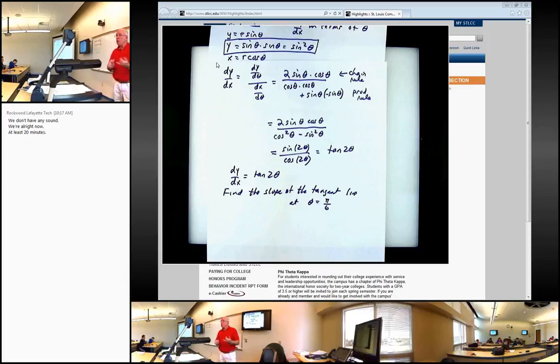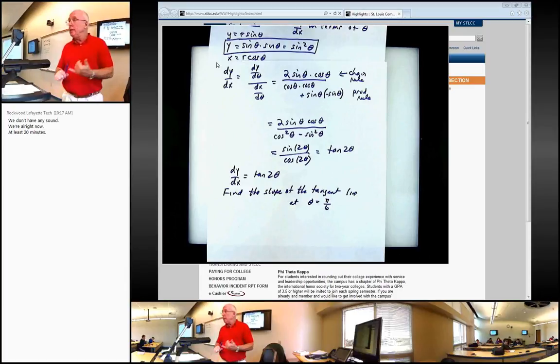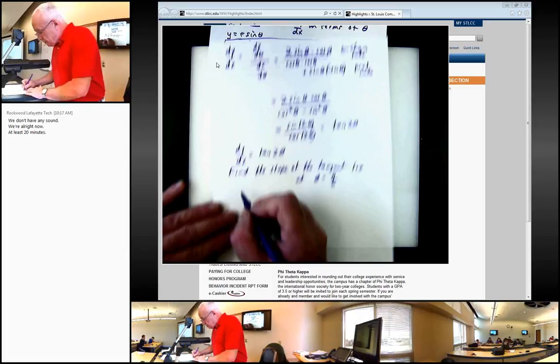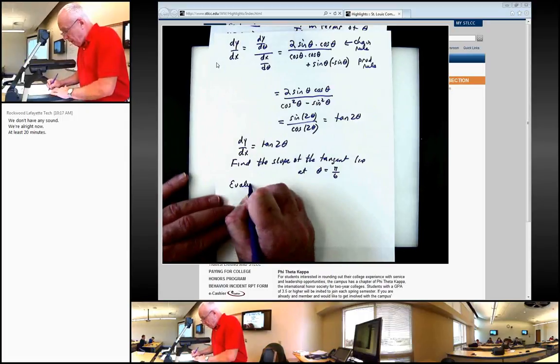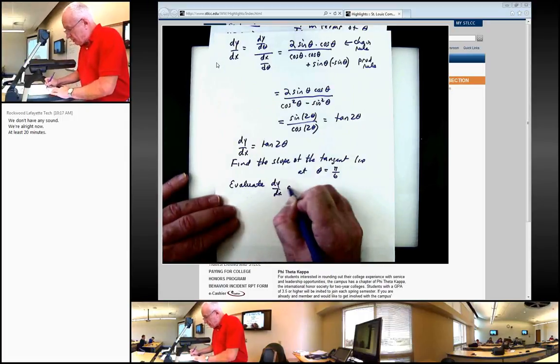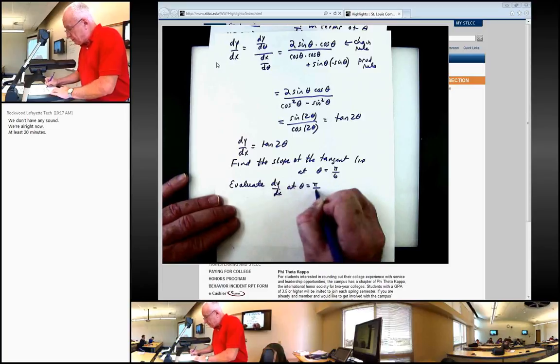Right? Well, we know that the derivative value gives us the slope of the tangent line, so we just evaluate dy/dx at theta equals pi over 6.